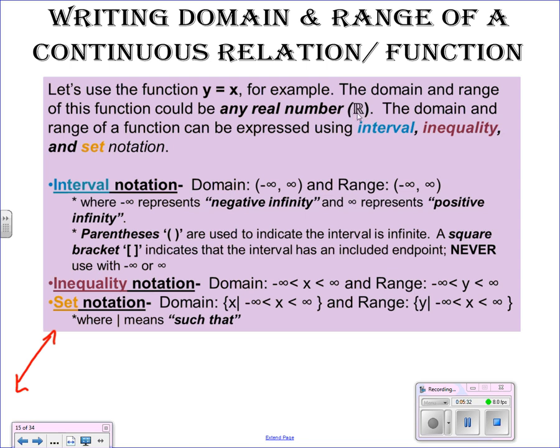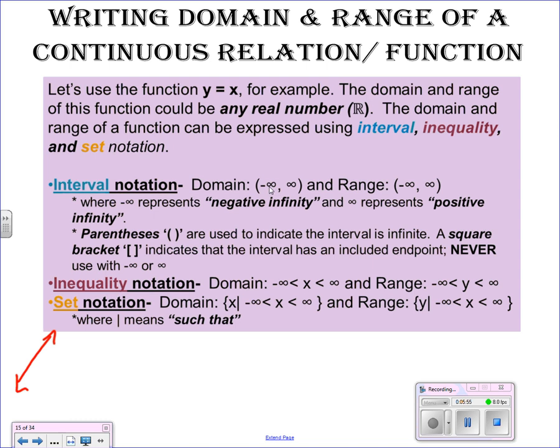In symbols, you see this fancy R? That represents any real number. But you can also write the domain and range using the three methods I told you before: interval, inequality, and set. In interval notation, the domain would look like a parenthesis, a negative infinity symbol.